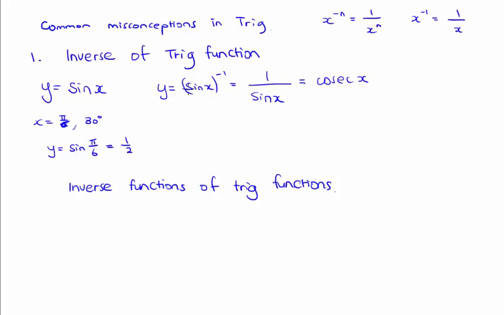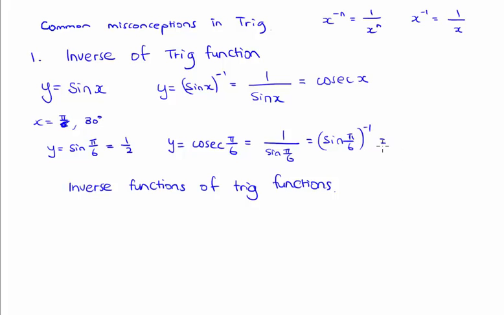Now, what then is the inverse of this one, sine of pi over 6? Well, the answer is 2. Just take a look. y equals cosec of pi over 6. I'm just plugging the same angle into the cosec function, but we know that this is the same as 1 over sine of pi over 6, which is also sine of pi over 6 to the power of -1.